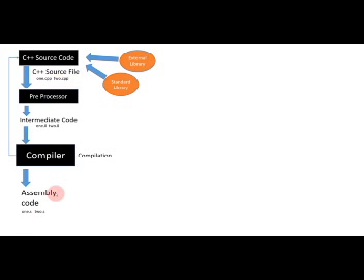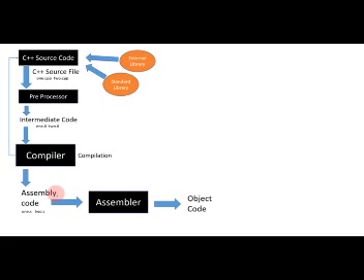Now the next thing that we have to do is translate this assembly code to machine code, and for that purpose we use a program called the assembler. The assembler will take the assembly code and generate the object code, or the machine code. The file containing the object code is called the object file, and this will contain the machine code representation of the source code.